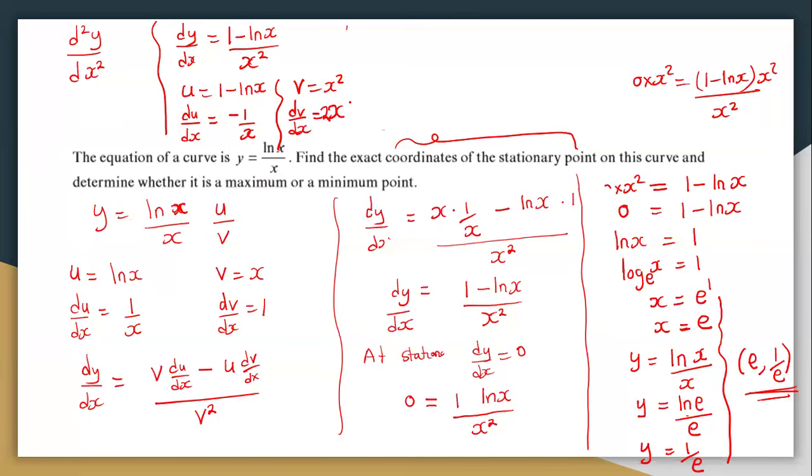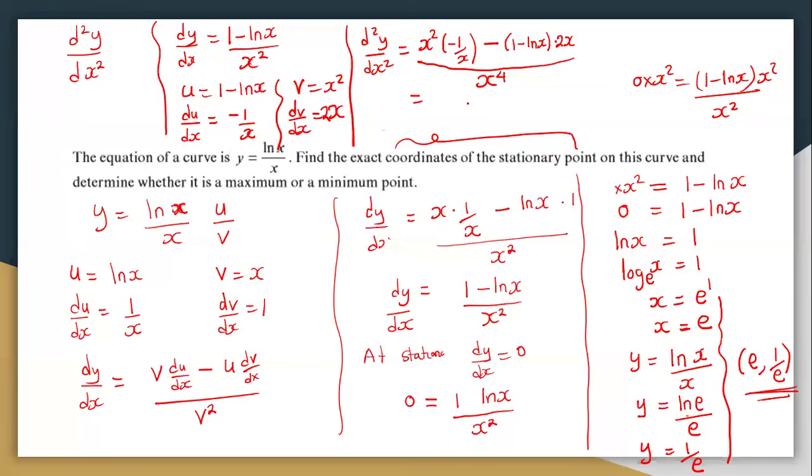When we substitute in the quotient rule, d2y dx squared will be equal to our v, which is x squared, times negative 1 over x, minus our u, which is 1 minus ln x, times 2x, over x power 4.